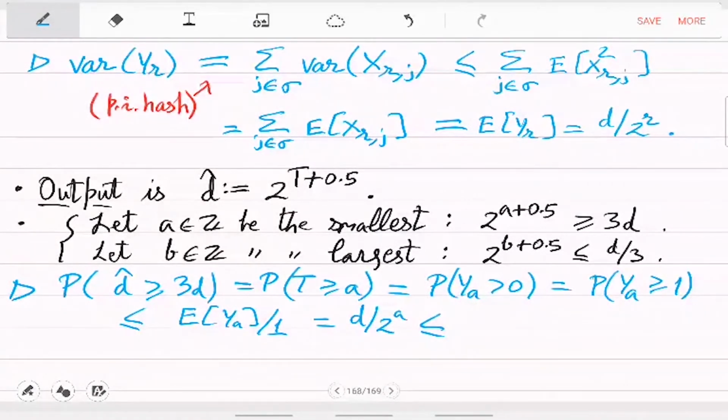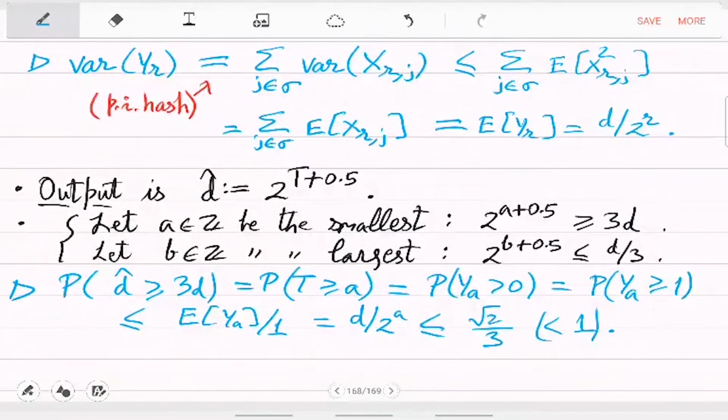The way we defined a, we actually get a bound square root 2 by 3, that is less than 1. So, the chance that d hat, the output, exceeds 3d, it is more than 3 times d, is sufficiently away from 1. Okay, this is what we learn.